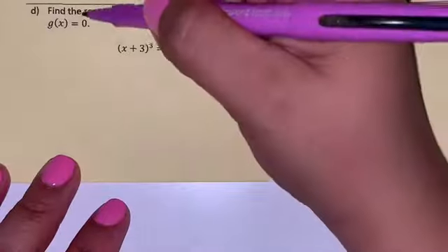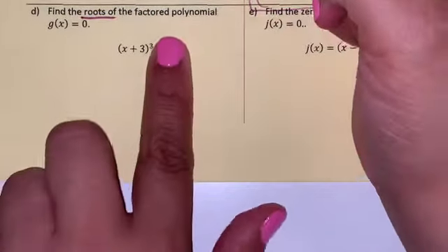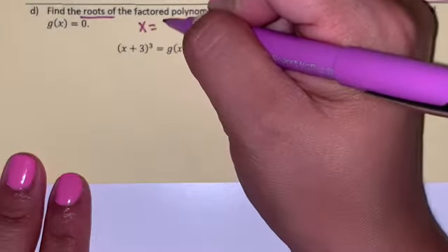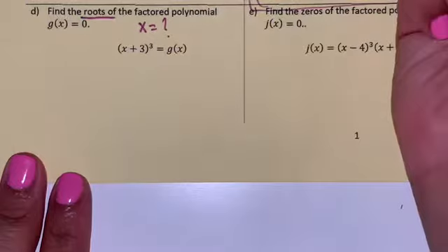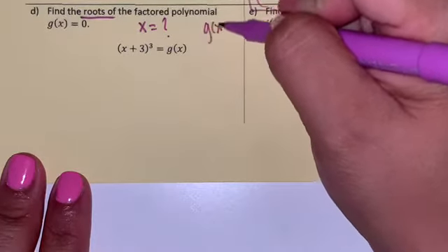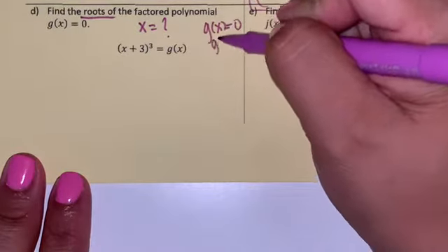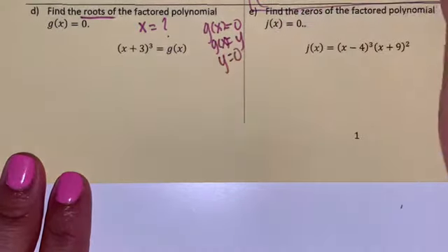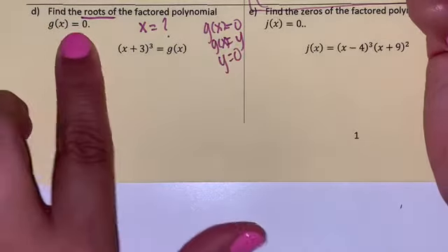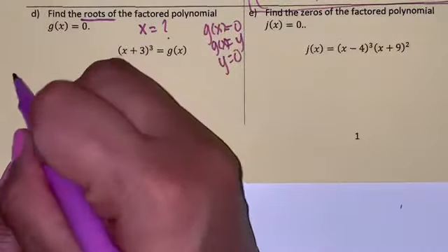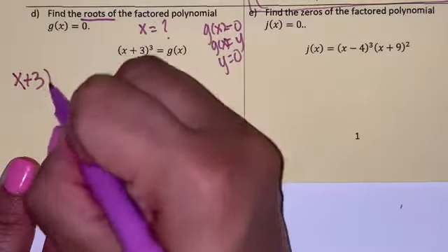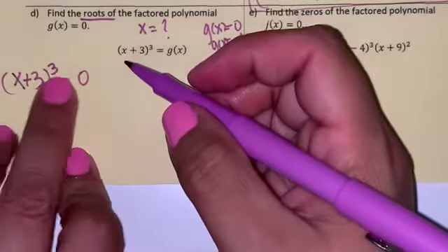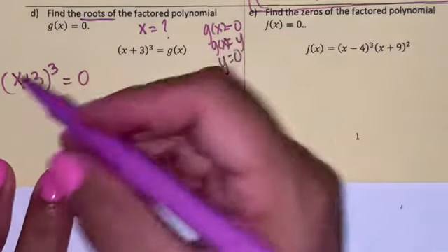Okay, D, find the roots of the factored polynomial. So you're saying that x is going to equal something. That's what we're trying to find. You're saying that g of x equals 0, g of x equals y, and you're saying that y equals 0. So g of x equals 0. Let's set this up. X plus 3 cubed equals 0. We have to take the cube root to get rid of that 3 exponent.